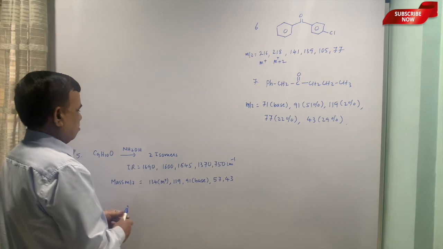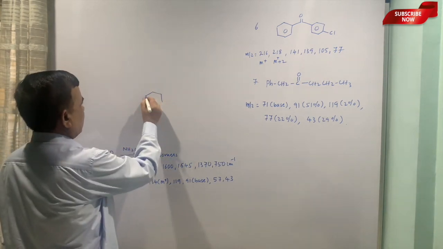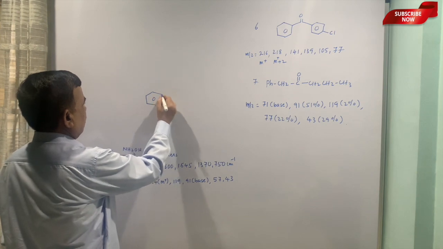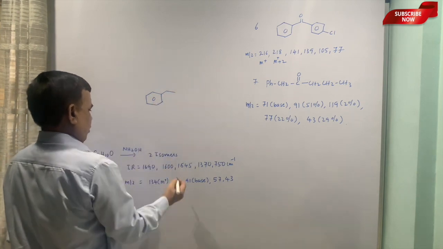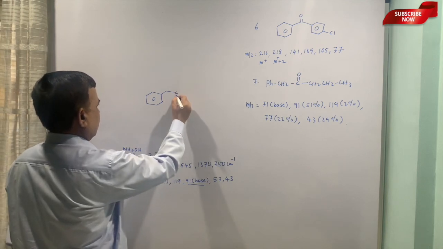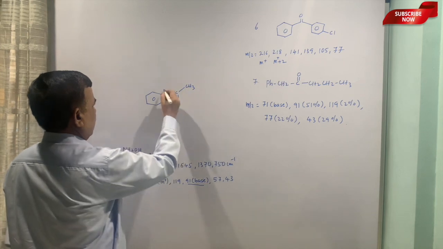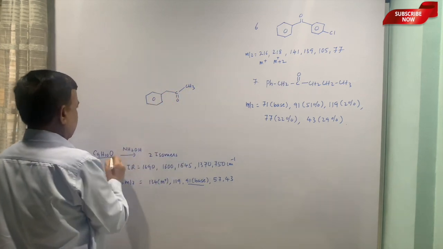So C9, once again we have to show the 91 base peak, a benzylic group has to be there. C9H10O.